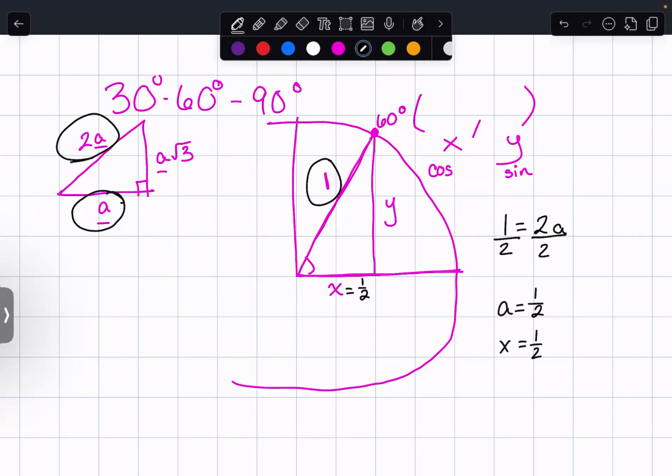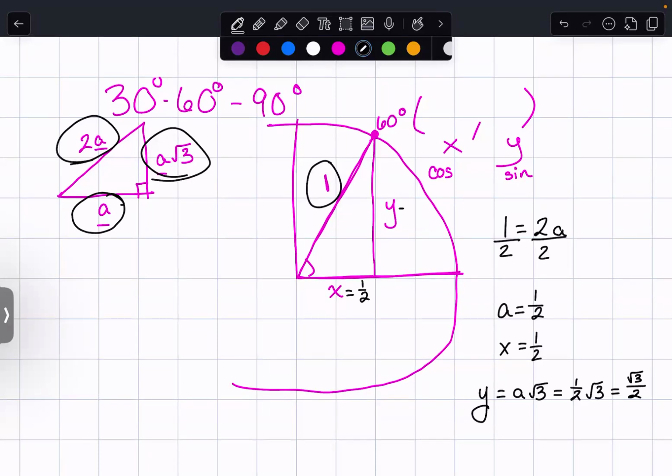And then to find y, now I can use this part of the special right triangle, which is a square root of 3. Since I know what a is, I'm going to say y is equal to a square root of 3. And we know that a was 1/2, so 1/2 square root of 3. I can leave it like that, but I like to put it like this so I can see my denominator easily.